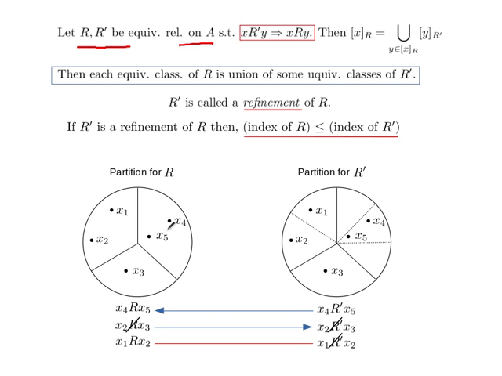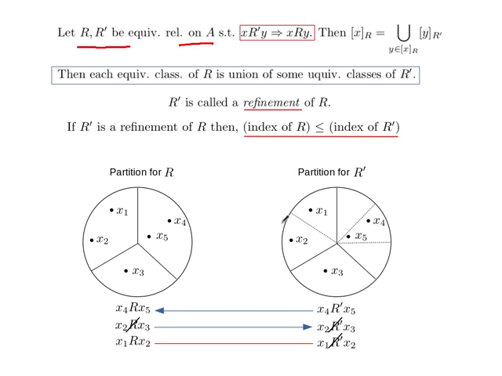But the other way is not true. If you have x1 and x2 related here, it doesn't mean that they are related here, right? They are different. And this is the contrapositive of this statement. This means that if they are related here, then they are related here. The contrapositive is that if they are not related here, then they are not related here. Say if you take these two examples, they are not related here, so they are not related here.